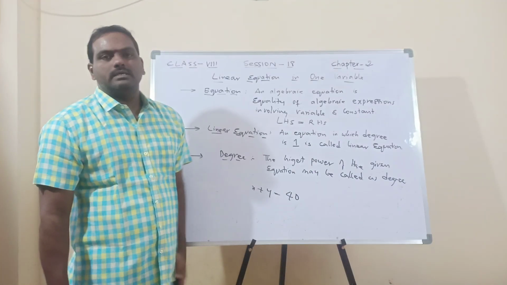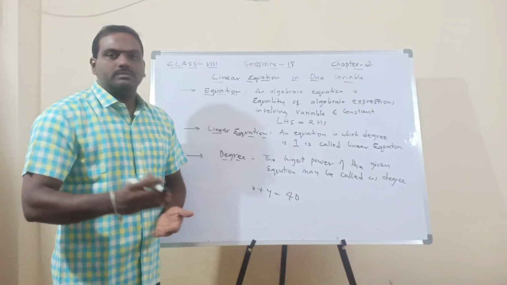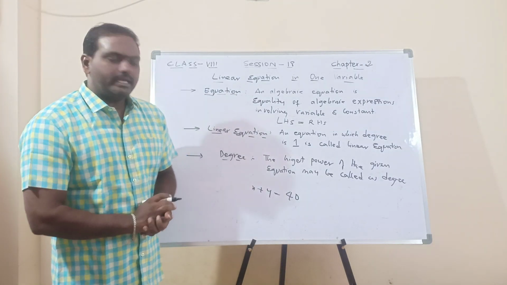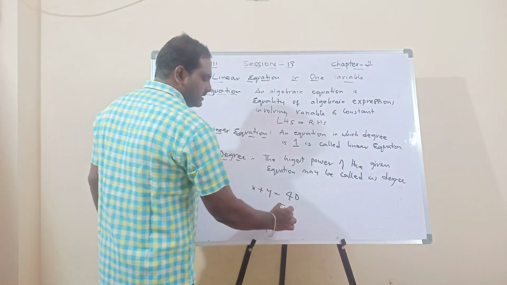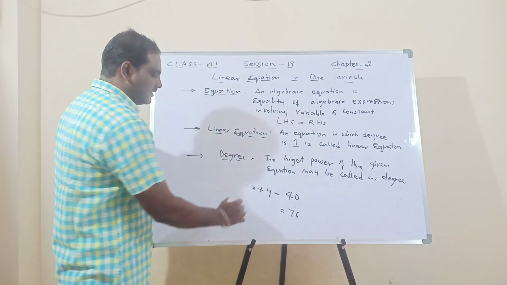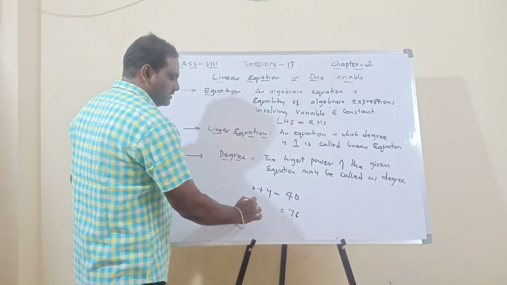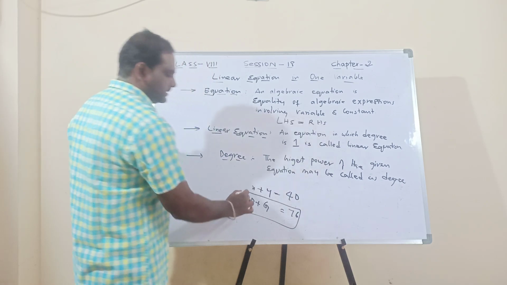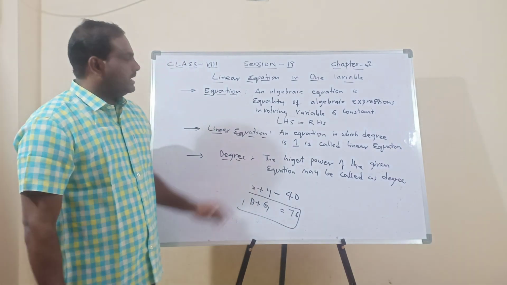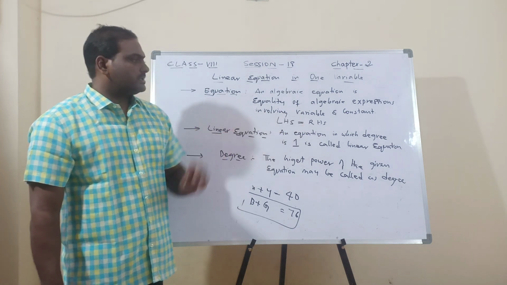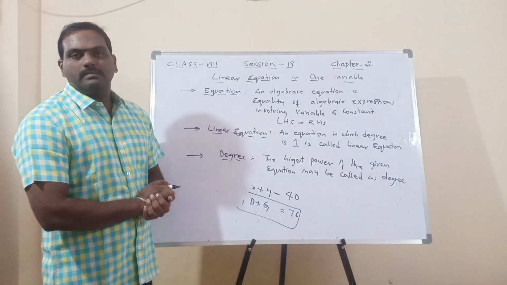It's a constant. Let us assume the number of boys and girls in 8th class is 76. The number of boys and girls in a class is 76. This is an equation where variables and constants are involved.